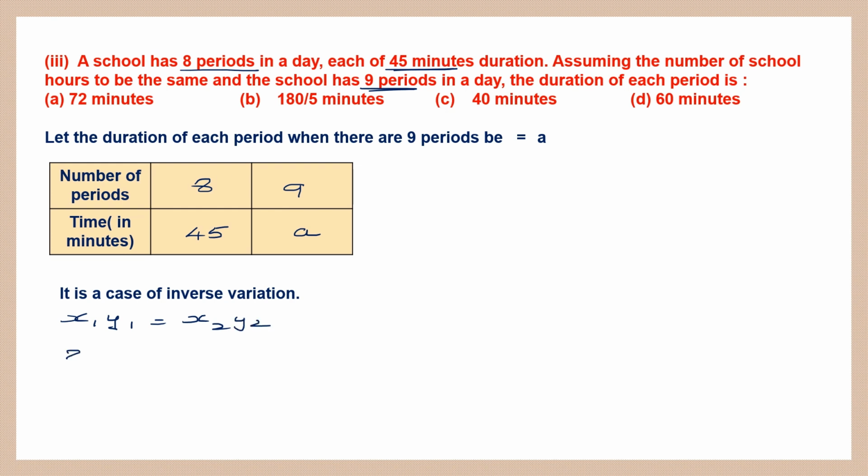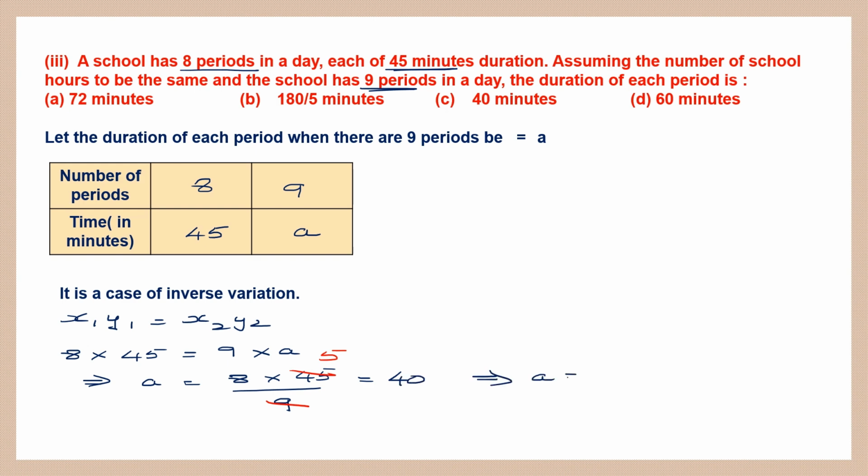And x1 is 8 into 45 is equal to x2 is 9 into A. Now we're going to find the value of A. A is equal to 8 into 45 divided by 9. Now here let's cancel 9. 5 nines are 45 and 8 into 5 is 40. That means A is equal to 40 minutes.